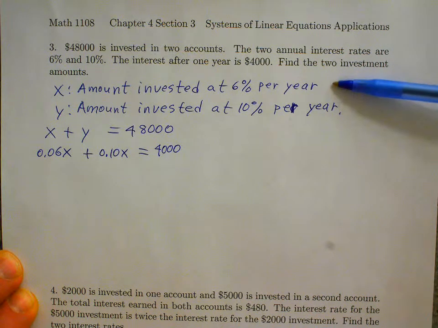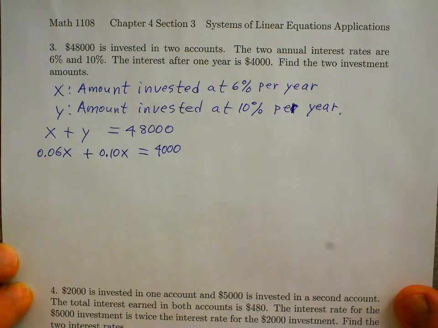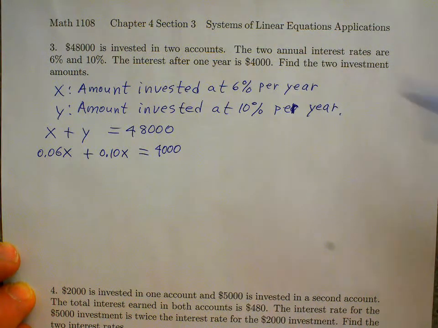If X dollars earns interest at 6% per year and Y dollars earns interest at 10% per year, then X plus Y dollars has to earn interest at a rate that's between 6% and 10%. See what I mean? It has to be within that range.